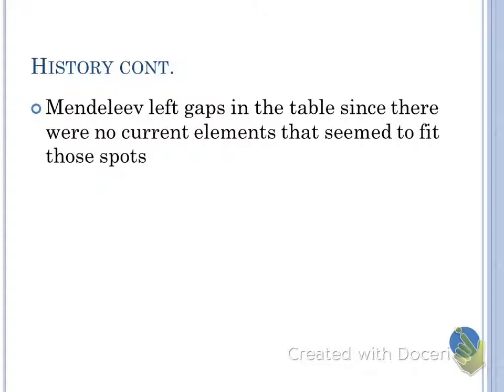There were certain spots in the periodic table that were left blank because he had the idea that there would be some elements that would fit in that spot. Nothing that was currently discovered fit there, but he assumed that elements would be discovered that would fit in those particular locations and follow the patterns he had laid out.